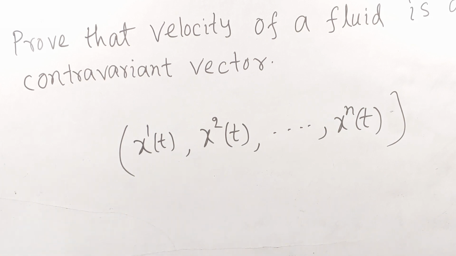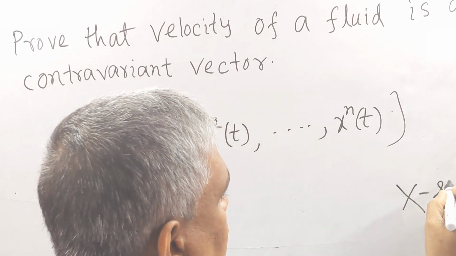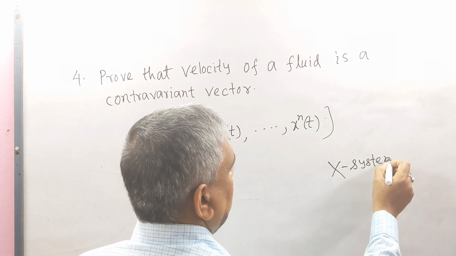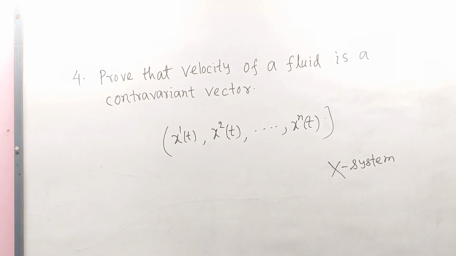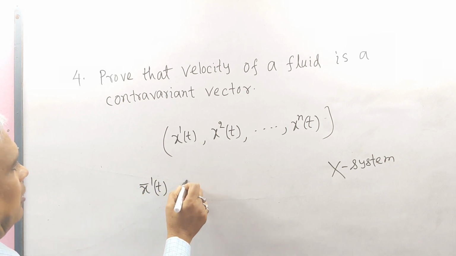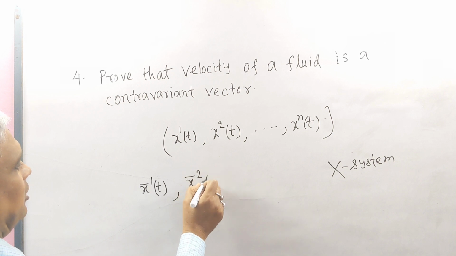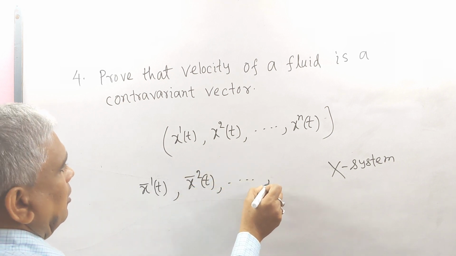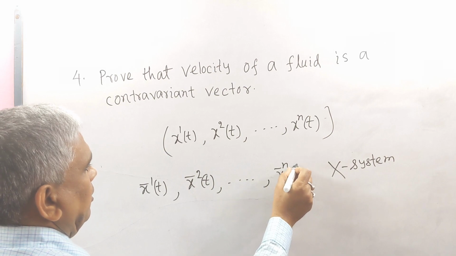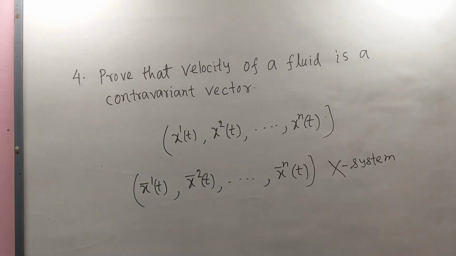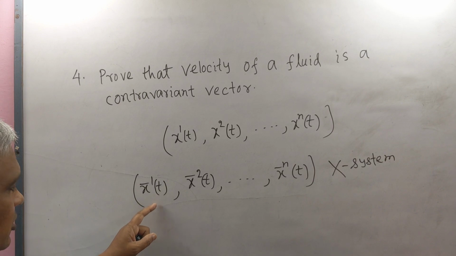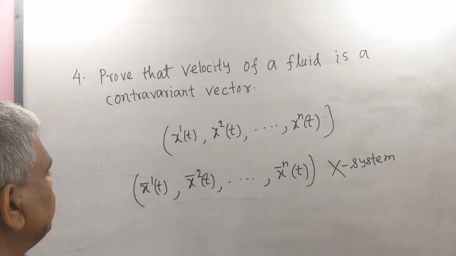This coordinate is considered in x system of coordinates. Its corresponding value in x bar system of coordinates be x bar 1(t), x bar 2(t), x bar n(t). This is in x bar system of coordinates.